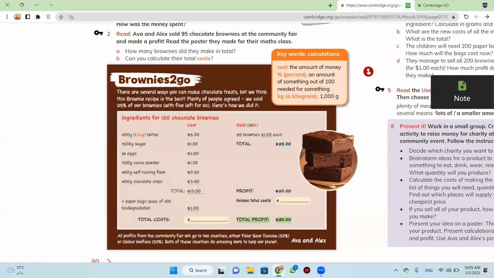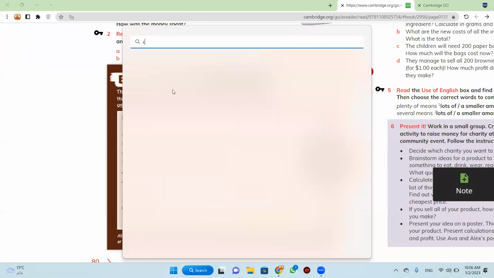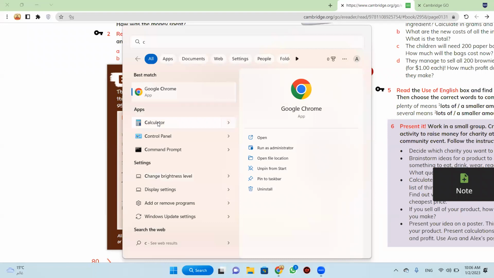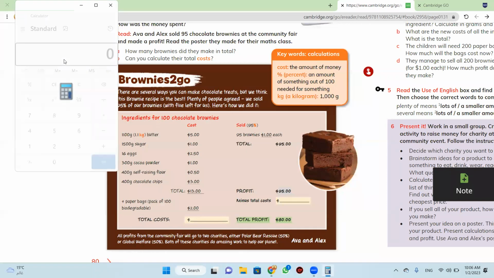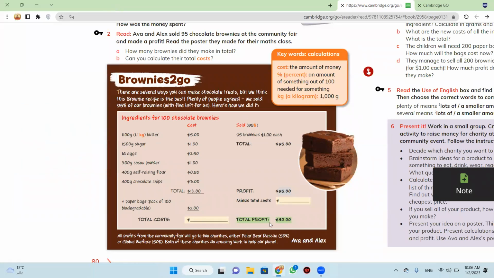Now the profit is 95 minus the total cost. We can do this on paper or with a calculator. 95 minus $15, which is the cost. In total, we have $80.